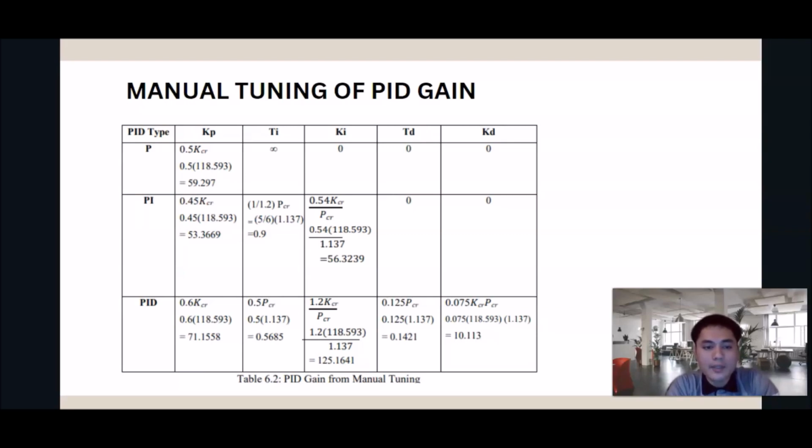And for Ki for PID is 1.2 times K critical divided by P critical. So our answer is 125.1641. And for TD for PID, 0.125 times P critical. Our answer is 0.1421. And for KD for PID, our answer is 10.113. That's all for PID gains.